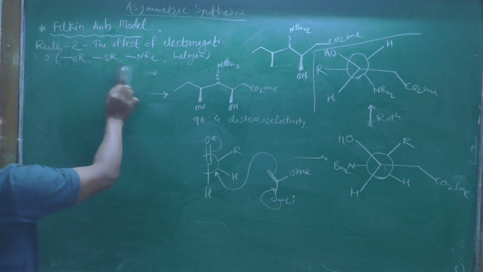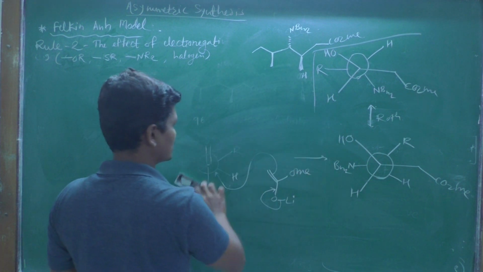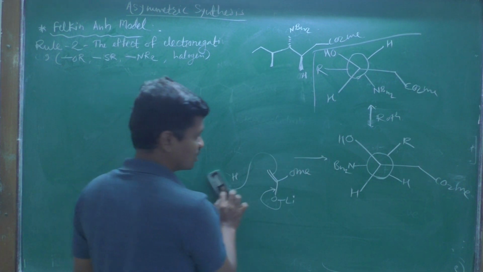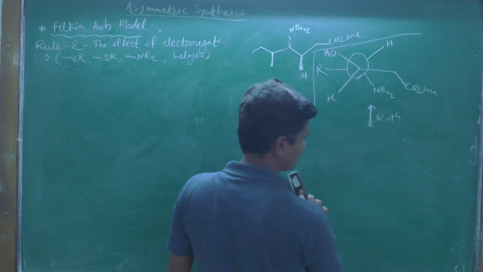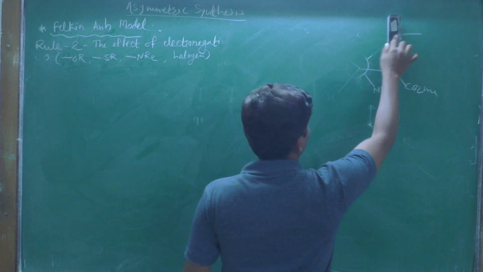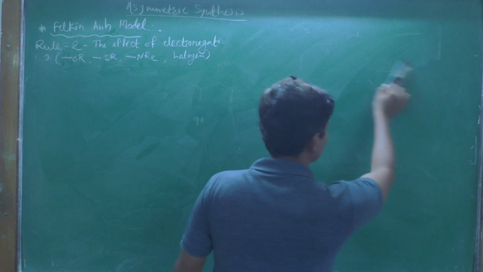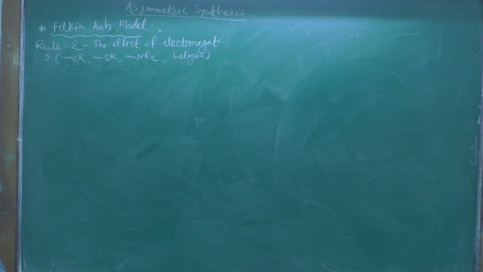One should keep in mind that when an electronegative atom is present at the alpha position of the carbonyl group, then we have to draw such a conformation of that aldehyde or ketone that the electronegative atom is perpendicular to the carbonyl group. Then rotate the molecule accordingly and find the stereochemistry of the resulting product.